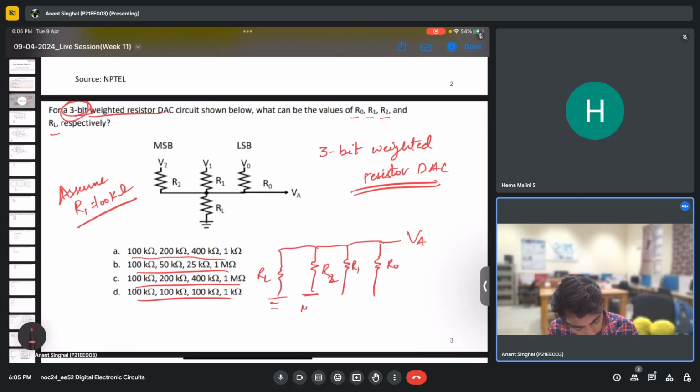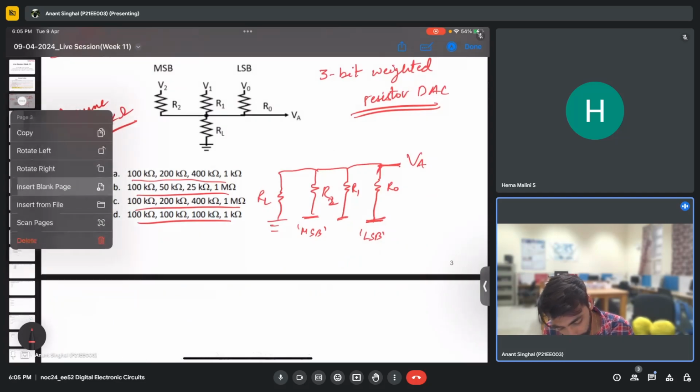Here we generally connect the MSB, the most significant bit, and the point where the voltage is connected, the first resistor, is generally the least significant bit. So this is the LSB.